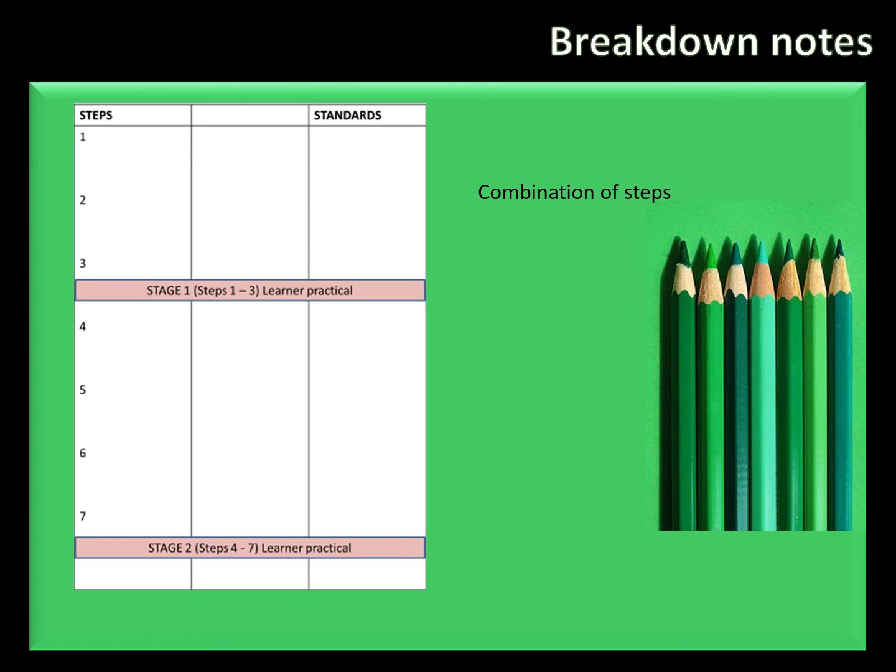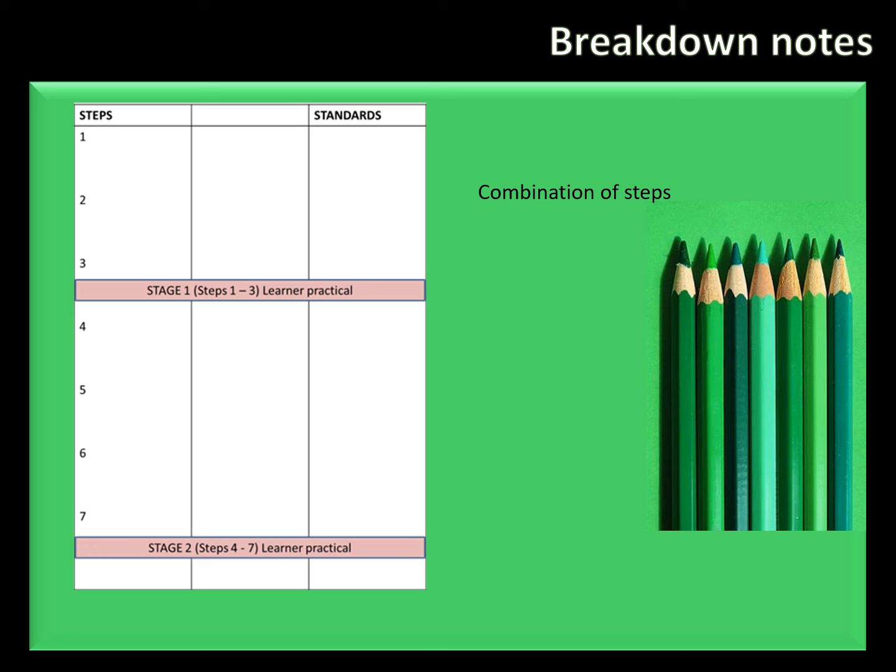So in other words, if we look at your notes or your task analysis, this is an example of what it looks like. Please remember, a stage is a combination of steps. And I want you to literally write down under that combination of steps, this is stage 1, step 1 to 3, and the learner must do it practically.